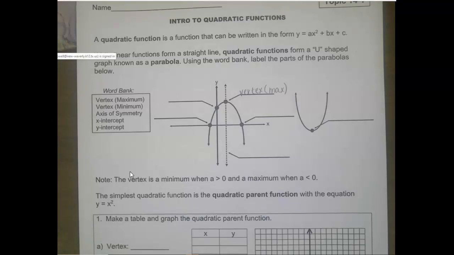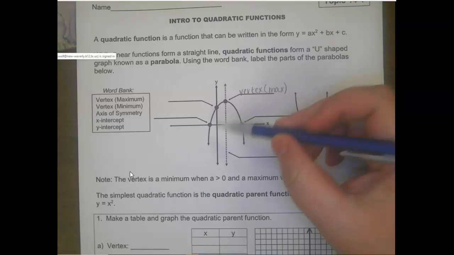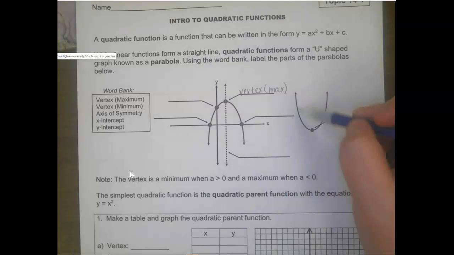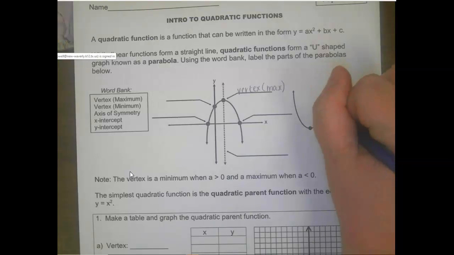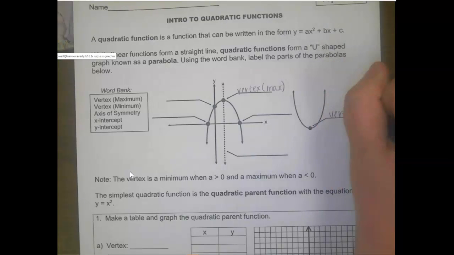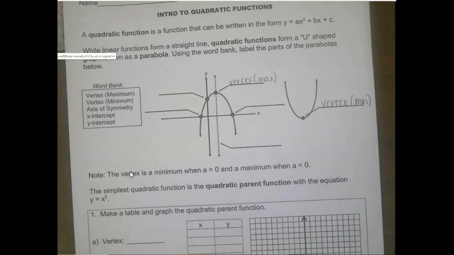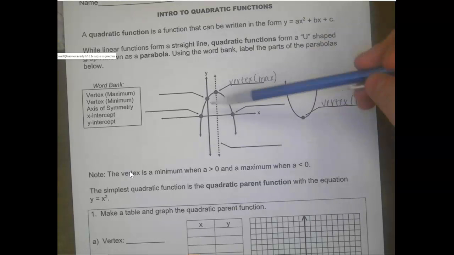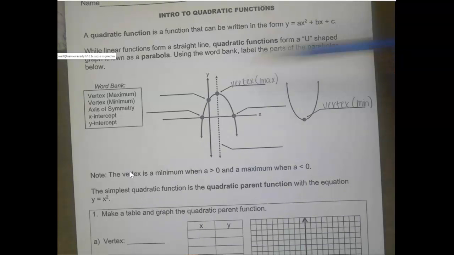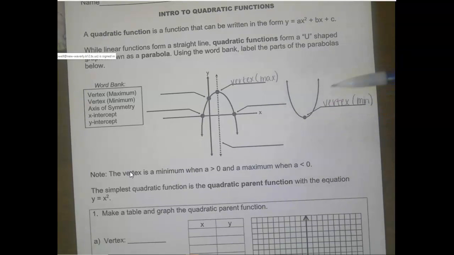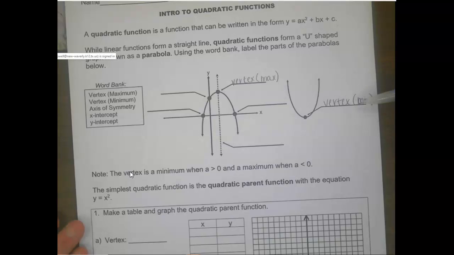Now the reverse of that: if we're looking at it like a U, we're going to have a vertex minimum. I'm going to abbreviate with MIN, minimum. You can write out the whole word if you want to for your notes. So if my graph is facing downward, I'm going to have a vertex max. And if it's opening upward, it's going to be vertex minimum.